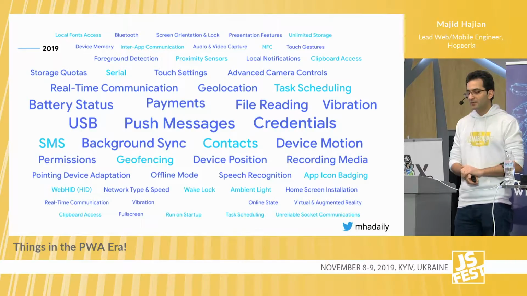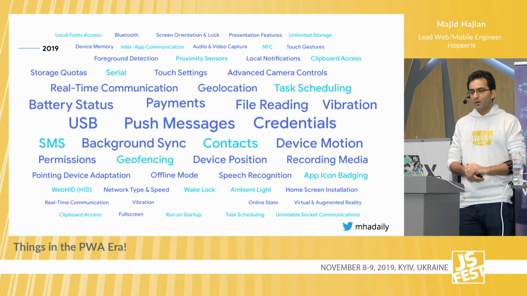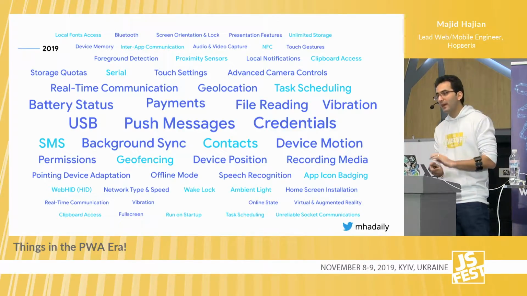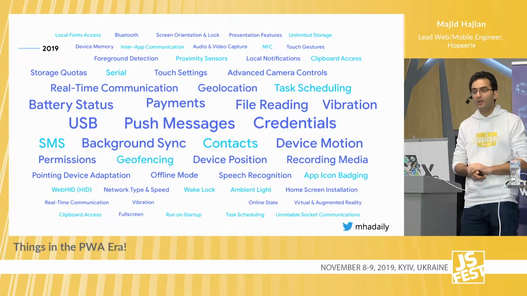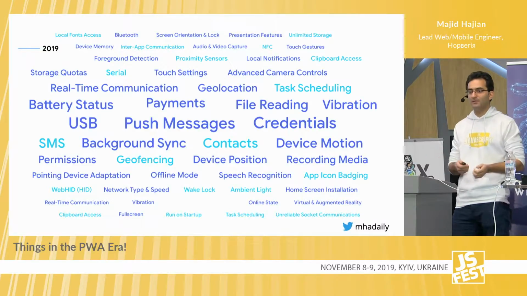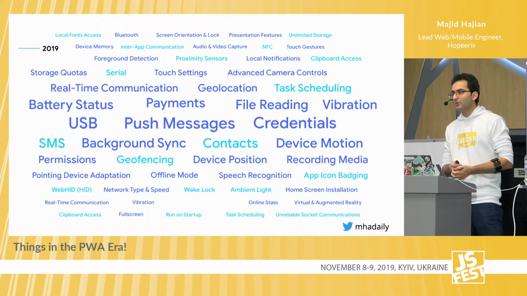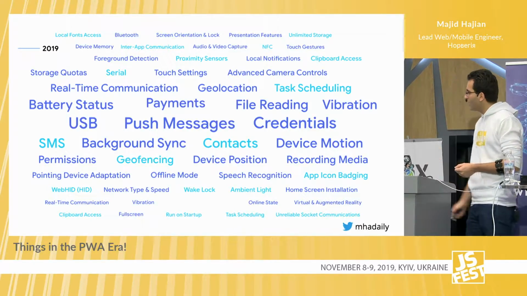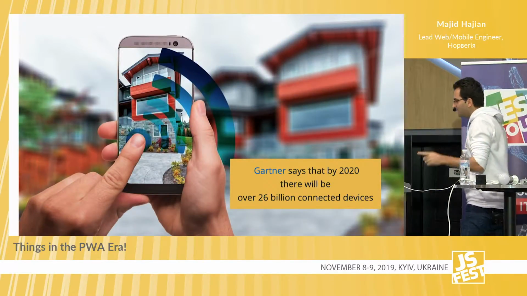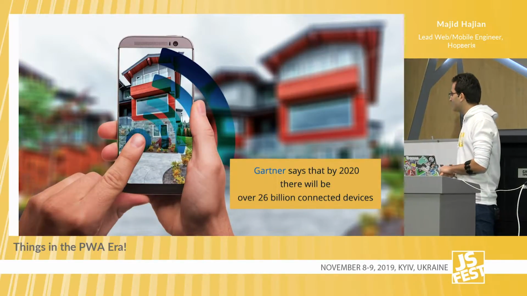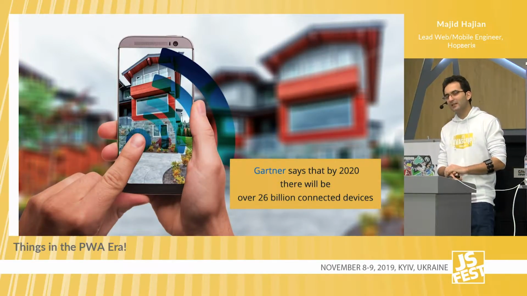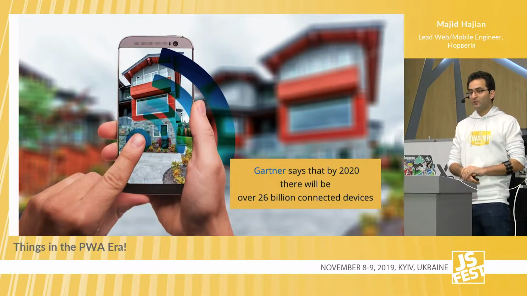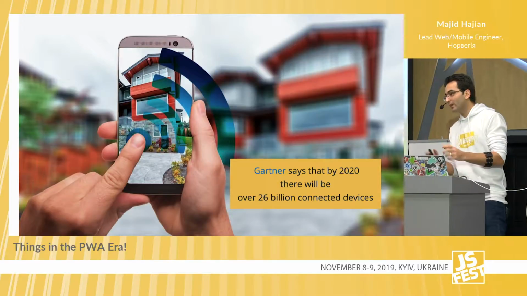APIs such as serial, local font access, or app icon badging, which native apps have. These are interesting things that are coming to the web. And by next year, according to statistics, there will be over 26 billion connected devices, which makes it so interesting to work with them.